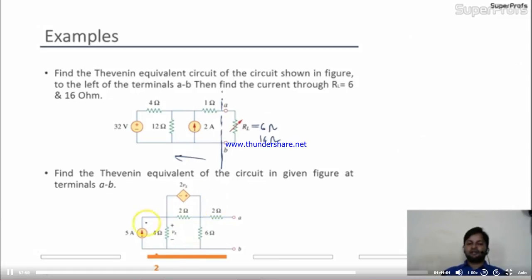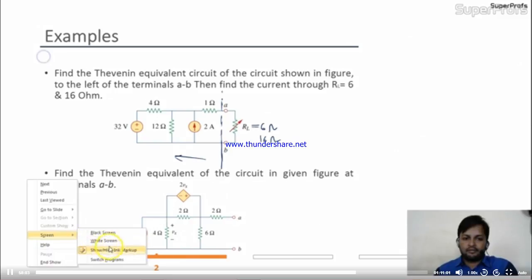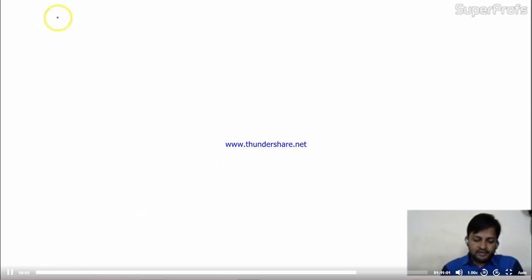See, come here. I'm taking this circuit for you. The given circuit has a 5 ampere current source in parallel with a 4 ohm resistance, and across this resistance Vx is given.